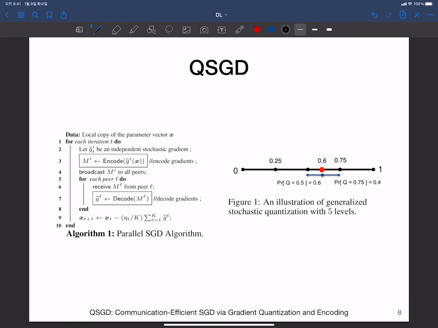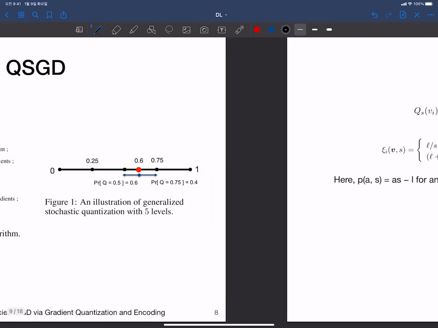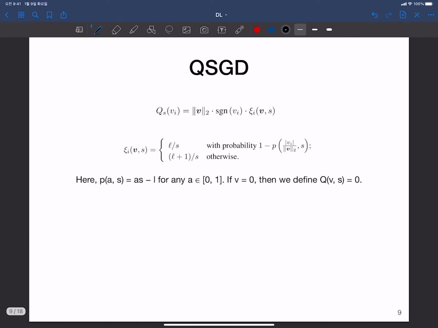QSGD is almost like TernGrad. Just a few details are different. QSGD also uses the quantization technique where random stochastic rounding is applied.